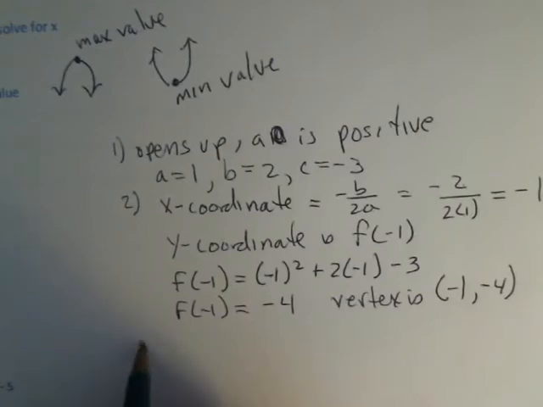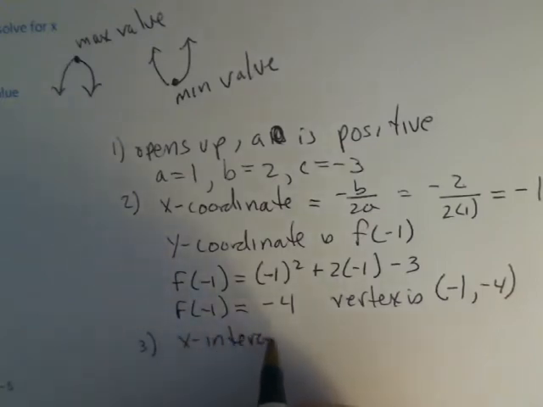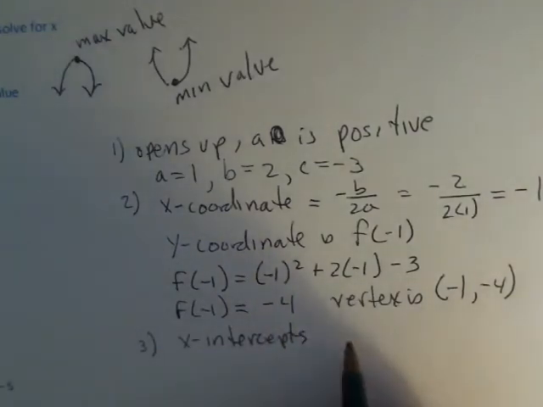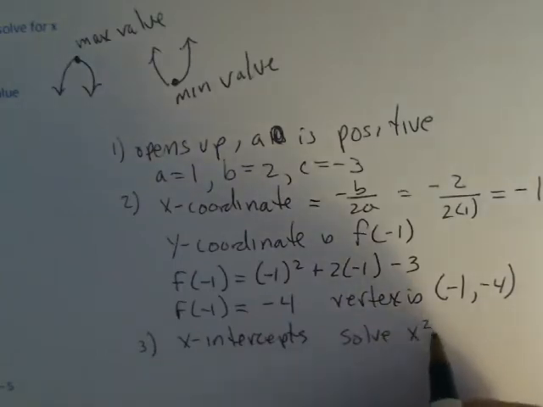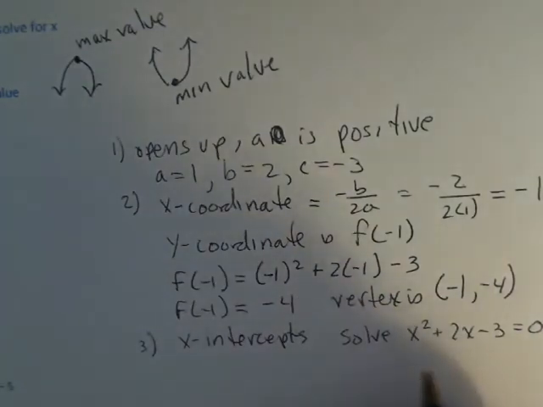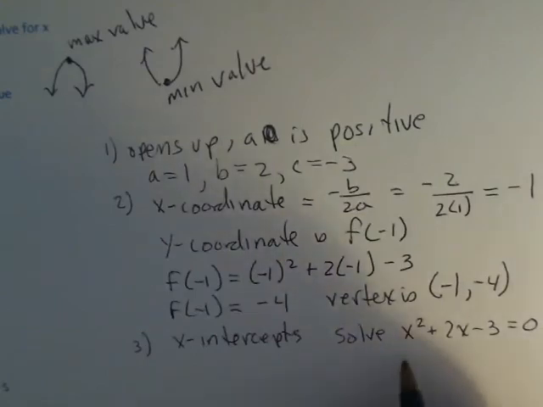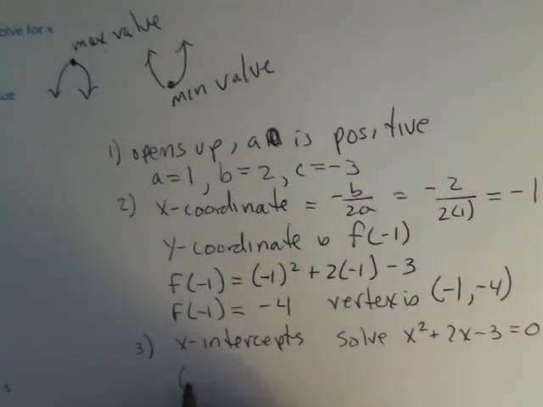The third thing are my x-intercepts. So what I'm going to do is solve x squared plus 2x minus 3 equals 0. So I've got to factor.